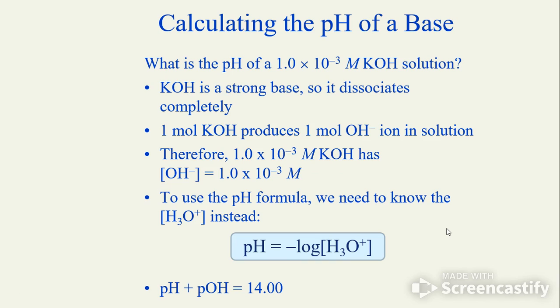Then how do we calculate the pH of a base? If you are given a base like potassium hydroxide, which is strong, the OH concentration will equal the molarity given, because the mole ratio is 1 to 1. And so using the OH concentration, you can calculate the hydronium ion concentration.